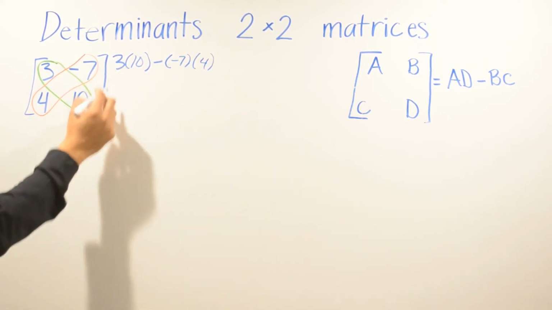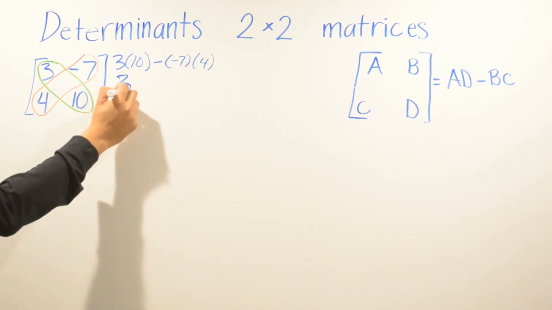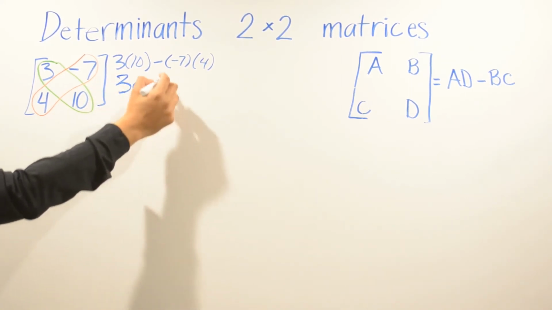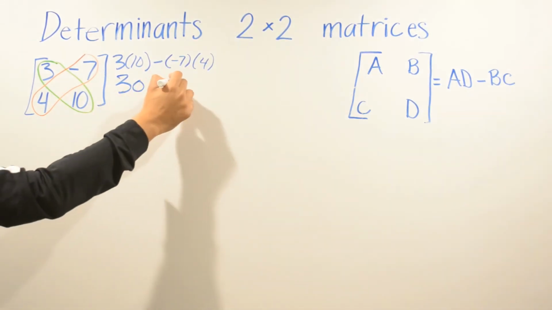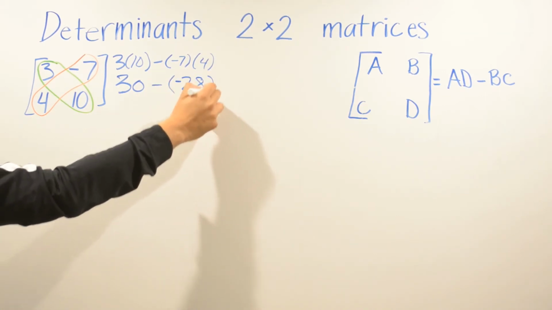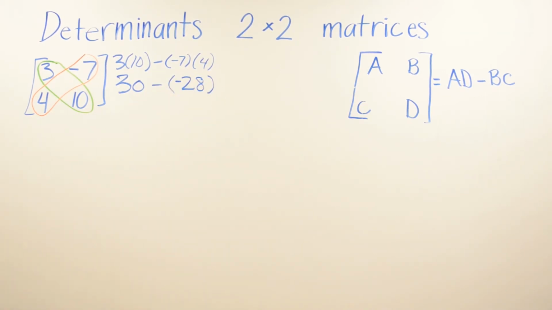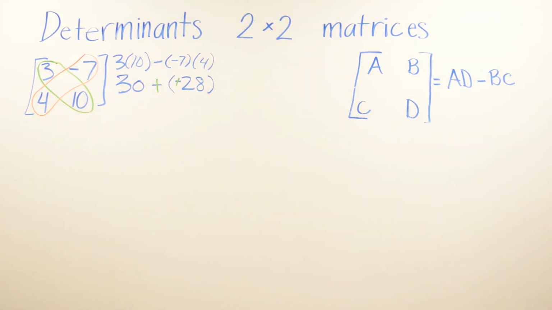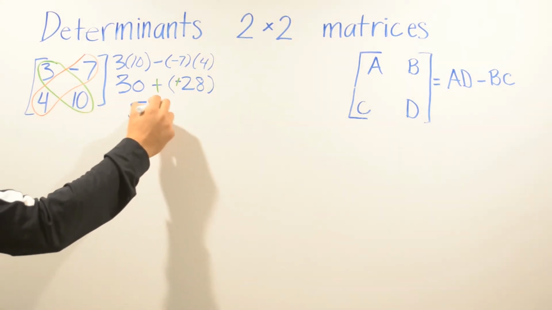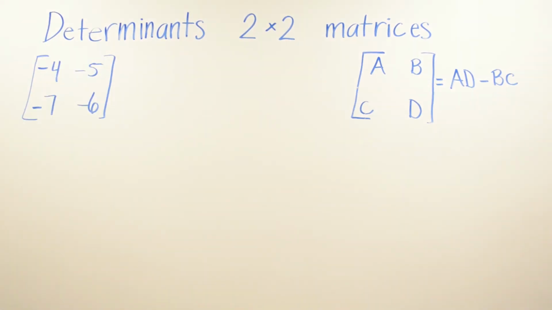So 3 times 10 is going to be 30 minus -7 times 4, negative times a positive is going to be -28. Okay, so we turn this into a positive, and then this turns into a positive. So then we have two positive numbers, the same signs, so your answer is going to be positive, and you're going to add. So 30 plus 28 is going to give you 58.